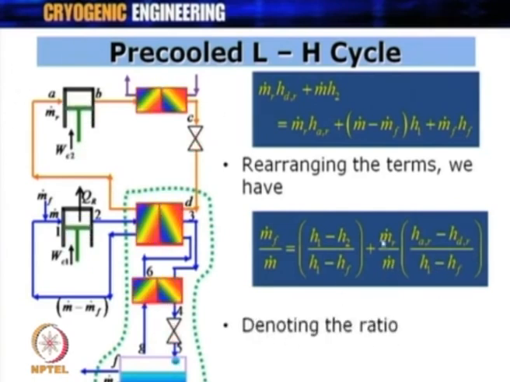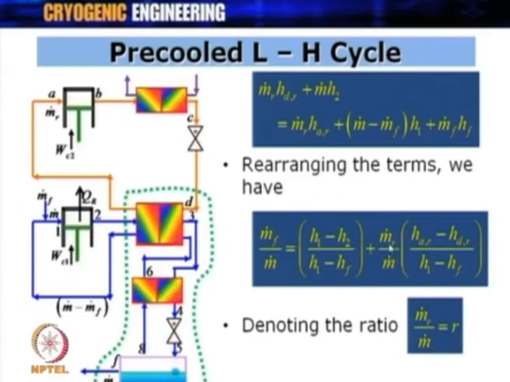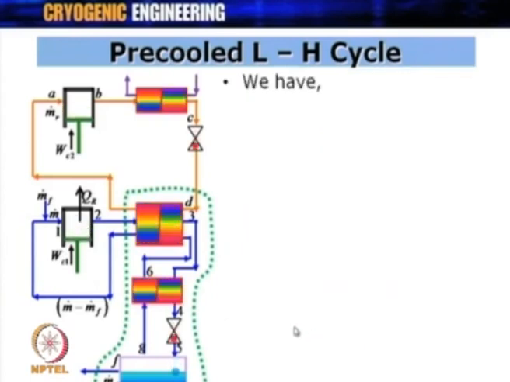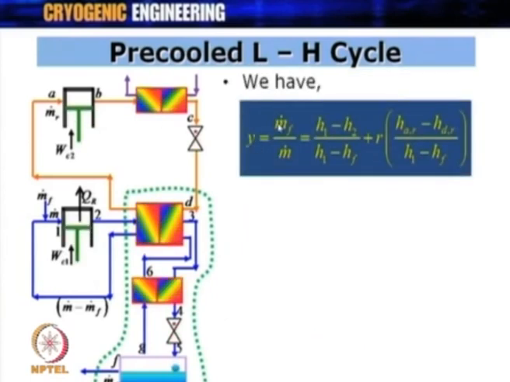If we denote the ratio m dot r upon m dot as r, that is the ratio of the mass flow through the refrigerant divided by the mass flow in the main circuit, the expression can now be written as y is equal to m dot f upon m dot is equal to h1 minus h2 upon h1 minus hf plus r times HAR minus HDR upon H1 minus HF.